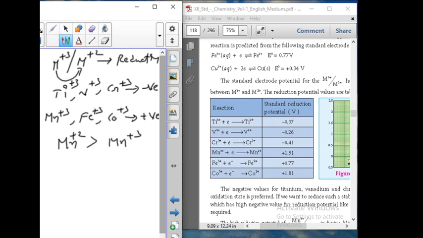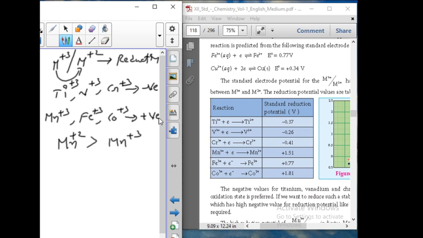Looking at the previous table, manganese plus 2 is minus 1.18, but in the second table manganese plus 3 is positive, that is plus 1.51. For reducing agents we require more negative standard reduction potentials, that is the best reducing agent. So out of plus 2 and plus 3, the best reducing agent is plus 2. Now only we are saying higher oxidation state is always the best oxidizing agent and lower oxidation states are always the best reducing agents.